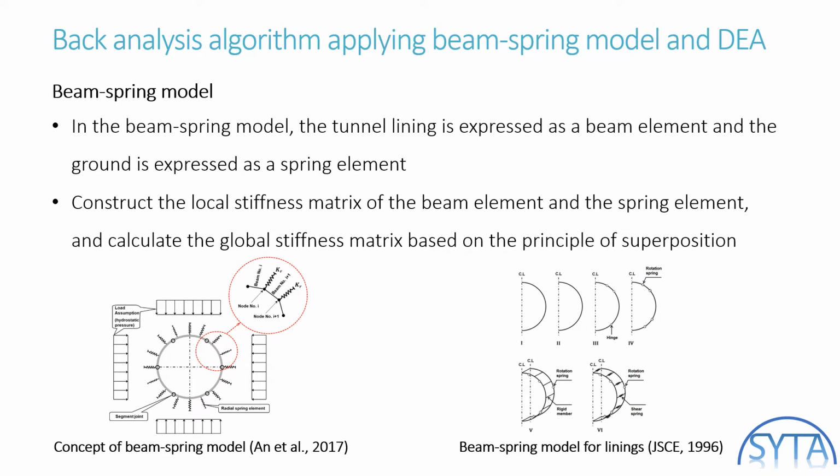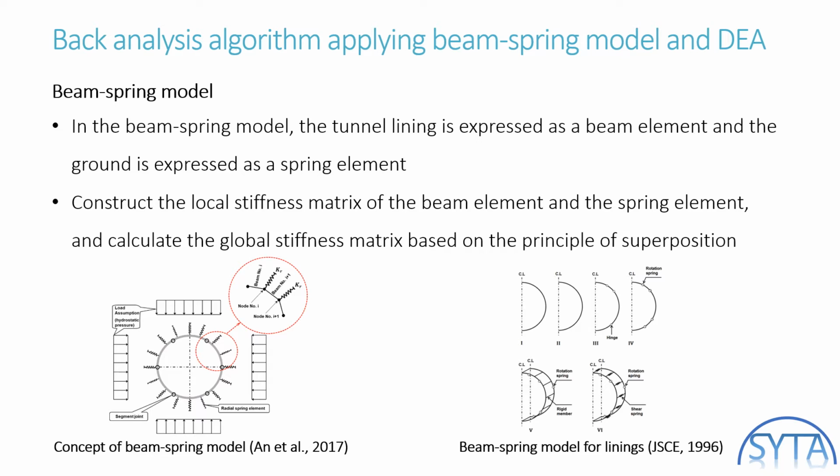According to the Japan Society of Civil Engineers, the beam spring model can be composed of 6 types as shown in the figure below. The first is a model with constant rigidity without considering the joint of the lining.